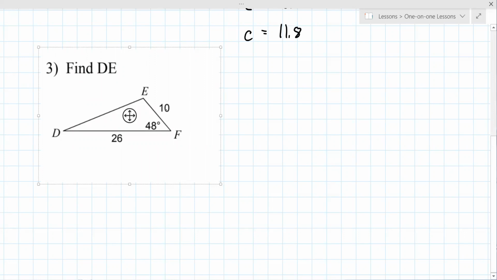We're finding DE. DE is across from the angle. So I'm going to call 26 A, 10 B, and this big angle C. So this little c is what we're trying to find.